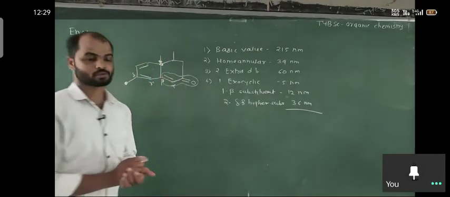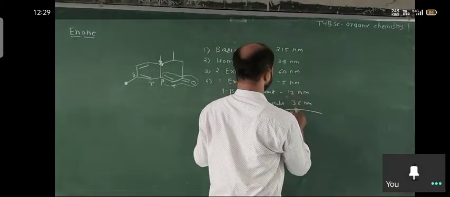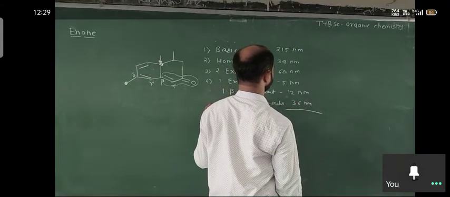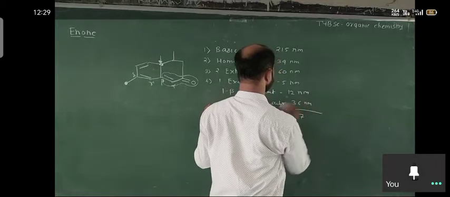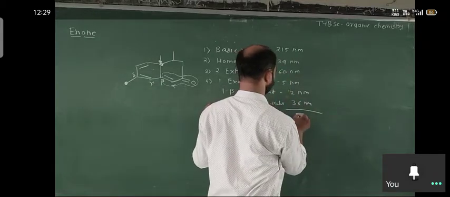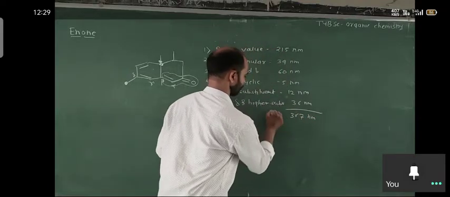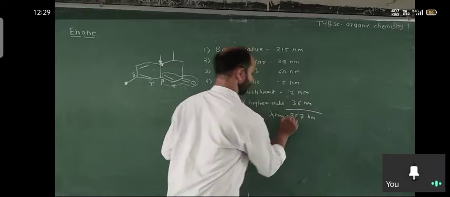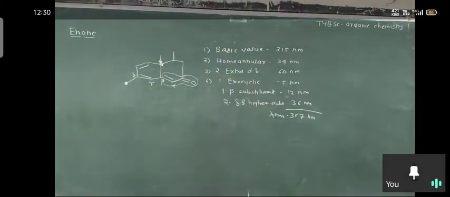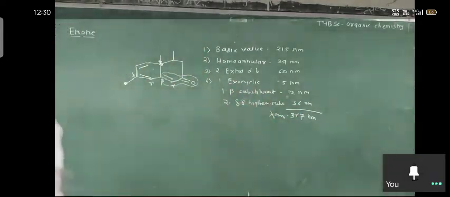So do the total here: 300... 367. Is it correct? Yes, it is correct. 367 nanometer is the lambda max.